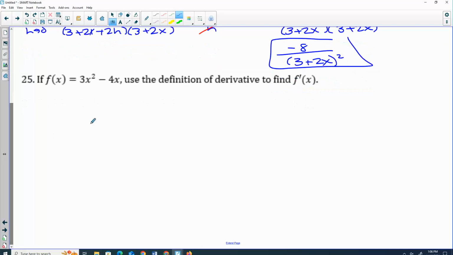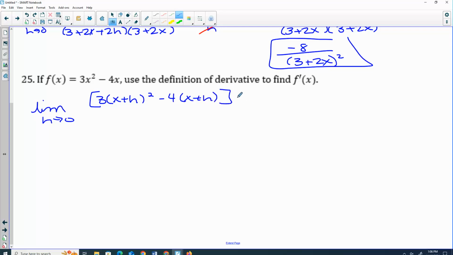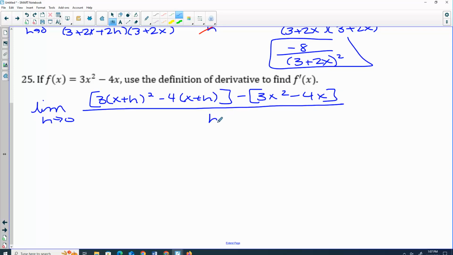Number 25. If I want the definition of the derivative, we have to do the limit as h approaches 0 of f of x plus h, which says you are replacing these x's with x plus h, minus f of x, so it's just the original, all over h.